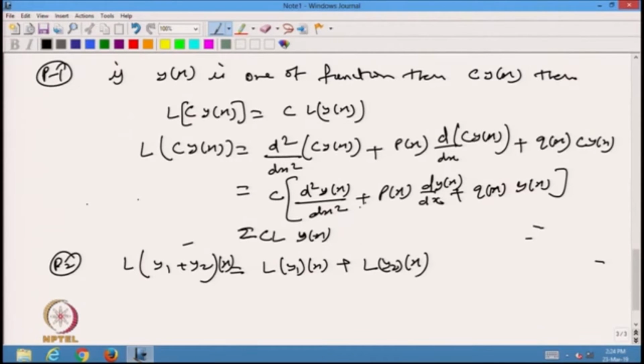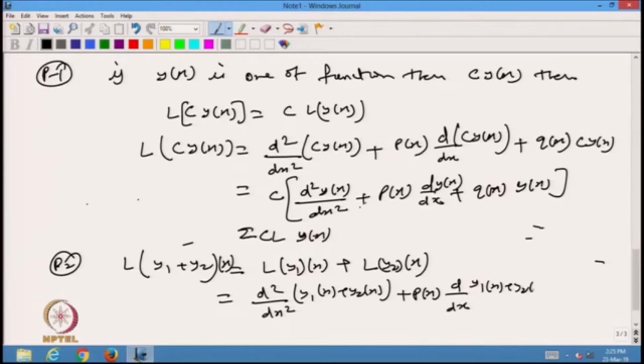This one I can also prove very easily. We have the operator d square over dx square of y1(x) plus y2(x), plus p(x) d by dx of y1(x) plus y2(x), plus q(x) times y1(x) plus y2(x).